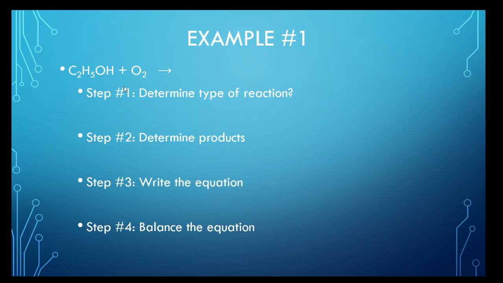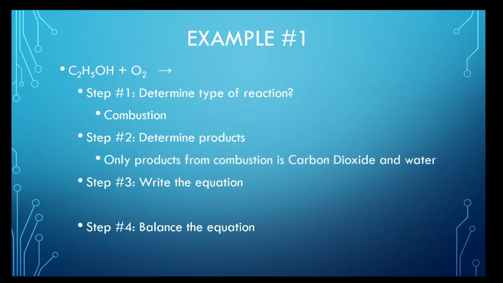So we have what you see here, a hydrocarbon. It has hydrogen and it has carbon. It has some oxygen too. But then we're going to react it with oxygen. So we're going to determine the type, and that would be combustion. And remember, for combustion, we don't have to do any crisscrossing. We already know the products of combustion, and that is the products are only carbon dioxide and water.